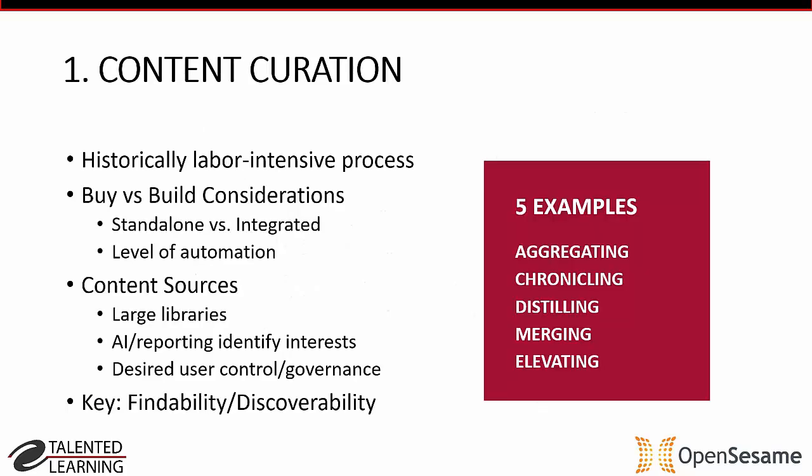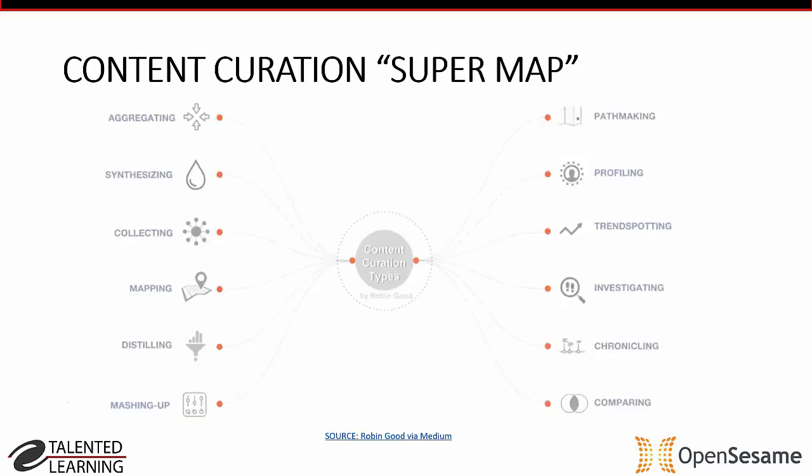John has five really great examples here. We won't go through them all, but we have them up because as you begin the curating process, there are different methods to look at and different organizing principles to consider that may or may not work for your organization.